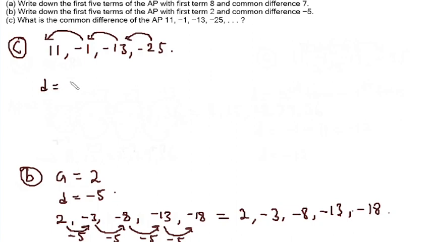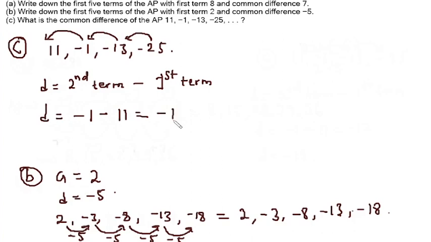So the common difference can be given as second term minus first term, or third term minus second term. Basically the one after a number minus the number. So the common difference is giving us minus 1 here, minus 11. Okay, so minus 1 minus 11 is equal to minus 12.